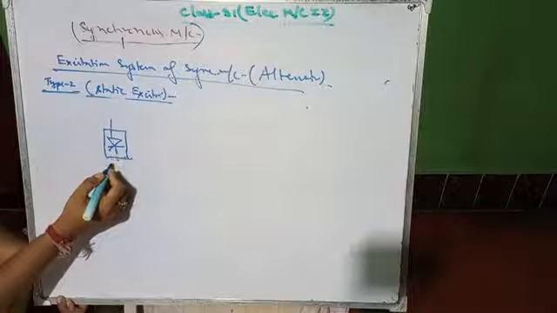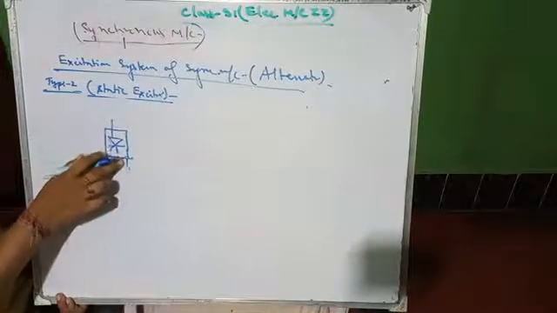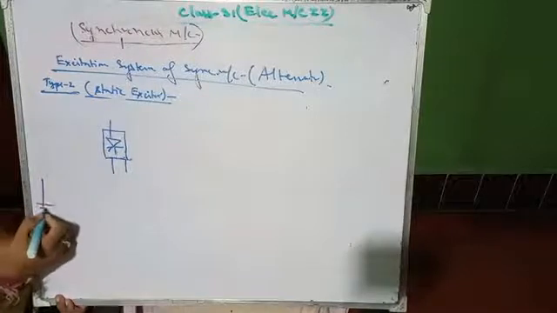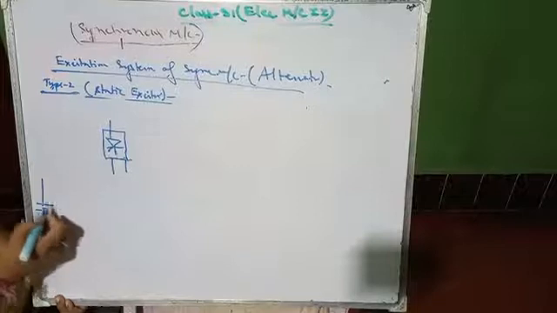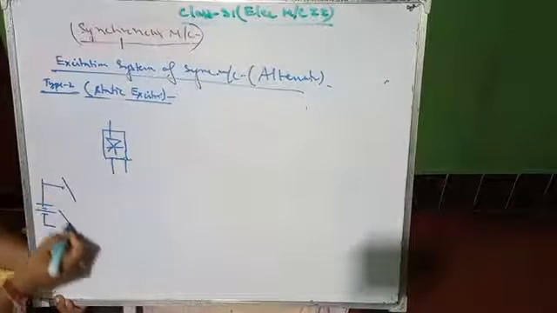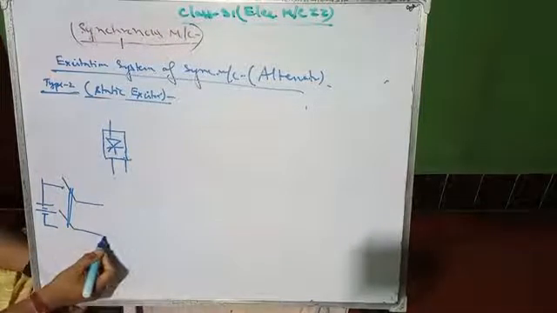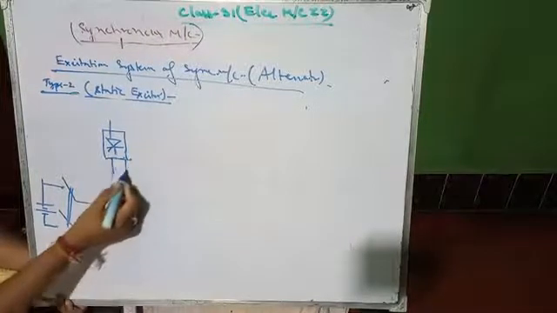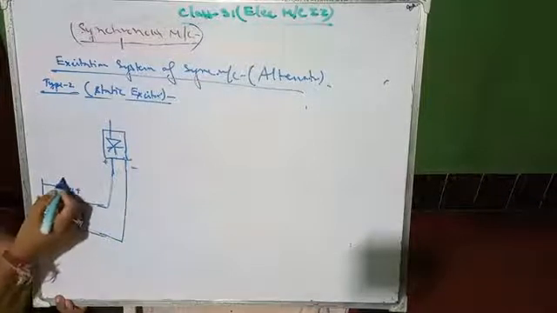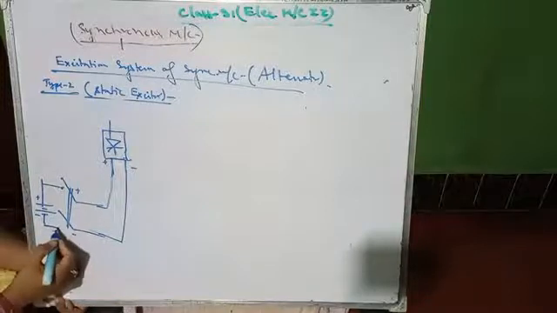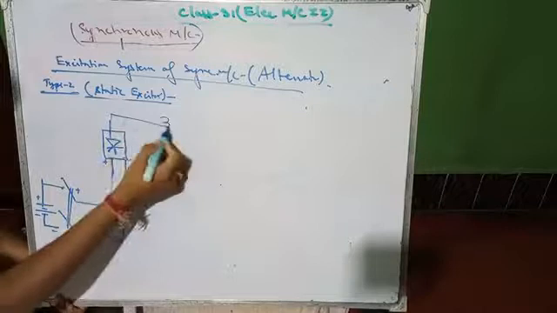This SCR will be fed by a DC supply. This is a double pole double throw switch, and it will be connected, suppose positive, negative, and so on, and it will be connected to here.